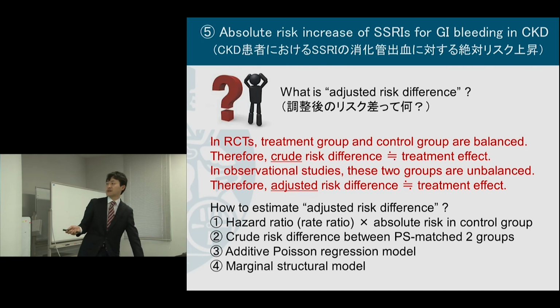So this was not available to me. The rest were additive Poisson regression model and marginal structural model. This is quite statistically difficult, but after discussing with the statistician, I decided to use additive Poisson regression model this time because I thought it's relatively easier than marginal structural model.